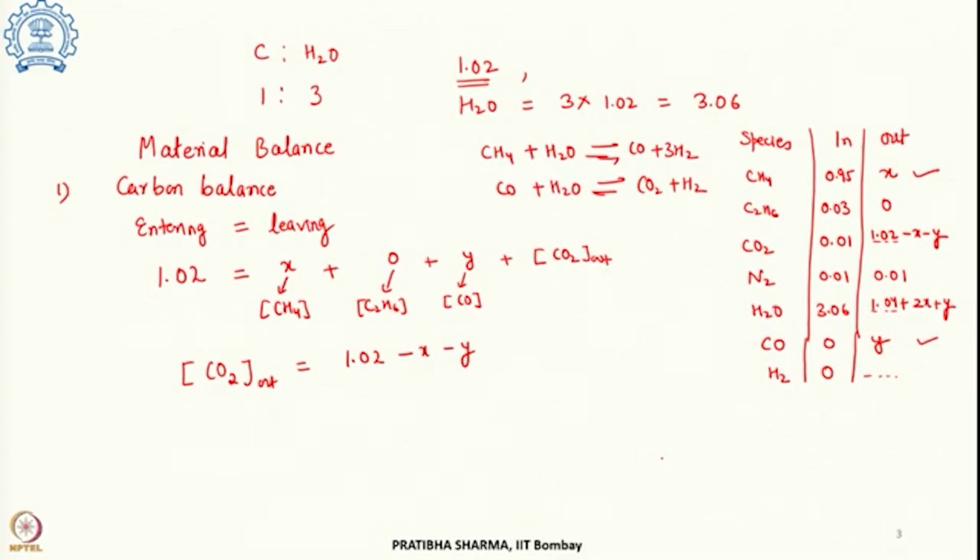So, we will fill in this entry for hydrogen: 8.02 minus 8x minus 2y. Now we have found the corresponding mole fraction of the species which are coming out in the process.